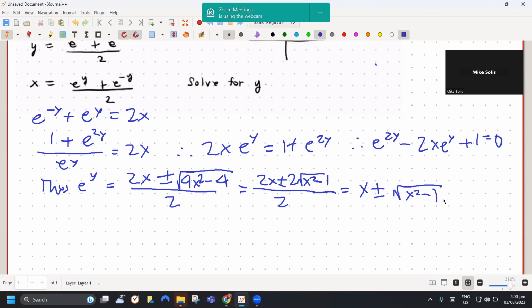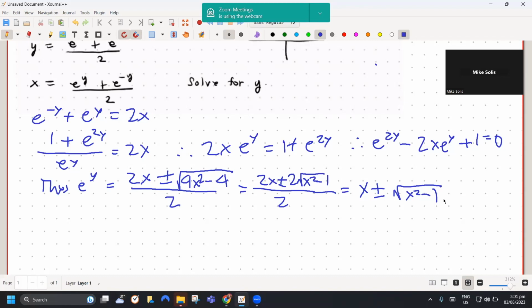And then we'll graph and compare the graph with Kosh para makita kung reasonable ba, kung alin yung mas reasonable, or kung ano ba silbi ng plus and minus niyan. Okay, so, ayun, that's it.